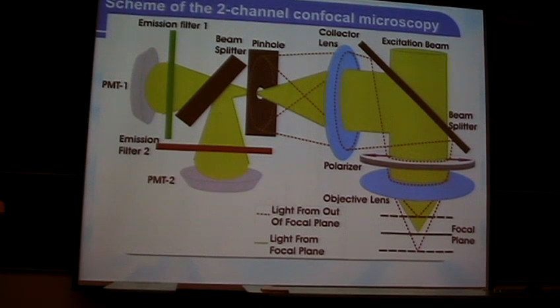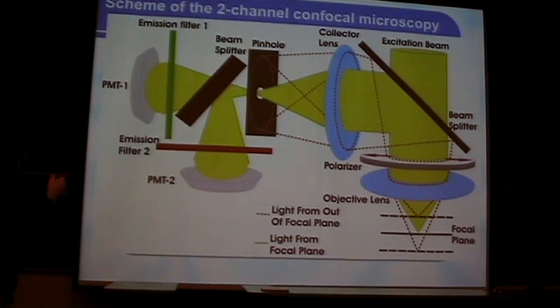The only change is in the detection part of this system, and so now we can use not only one but two different laser beams in order to excite the sample. The fluorescent signal from both of the dyes would go in the backward geometry, just like in the previous case that we discussed already, and will be focused through the same pinhole.